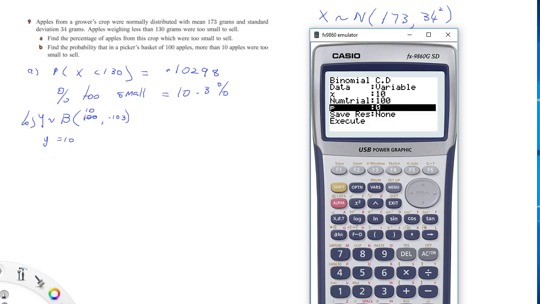The probability was 0.103. So the probability that 10 or less are smaller is 0.544.